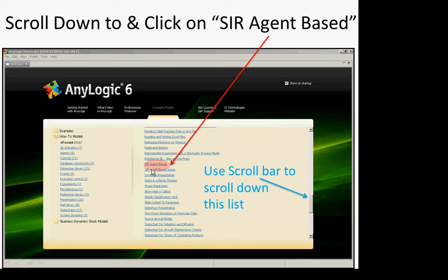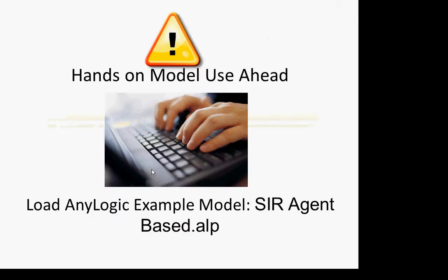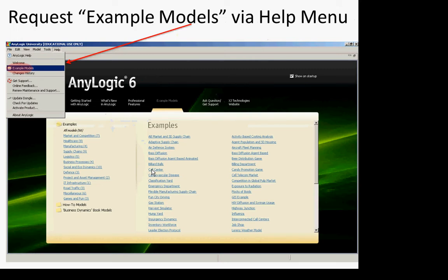If anyone was using AnyLogic ahead of time, you can go to the help menu and call up example models. Just so you guys know, by default, when you pull up example models, it will actually pull up our full example models. So there's a selection below that for the how-to models.